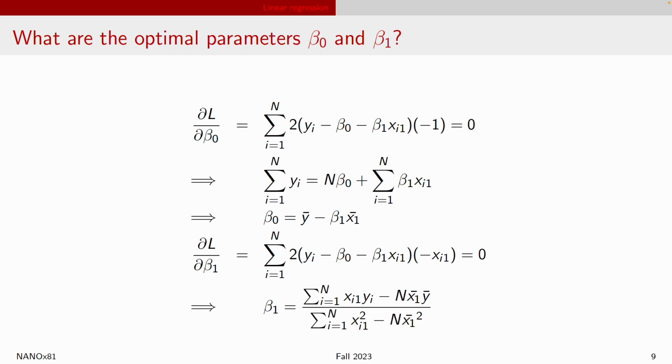So beta 1 is just a function of your x and y observations, and beta naught is the mean of y minus the beta 1 that you get from here, multiplied by the mean of x.